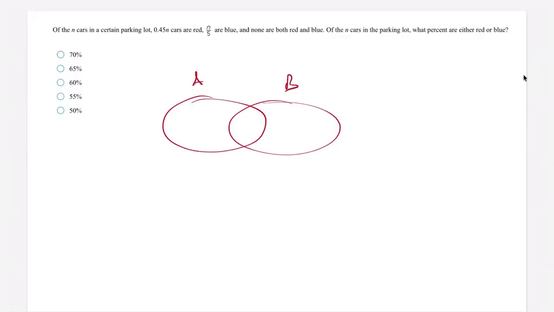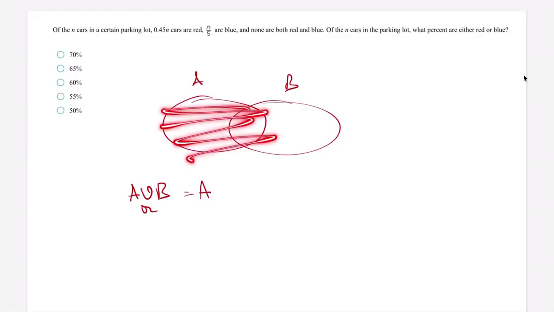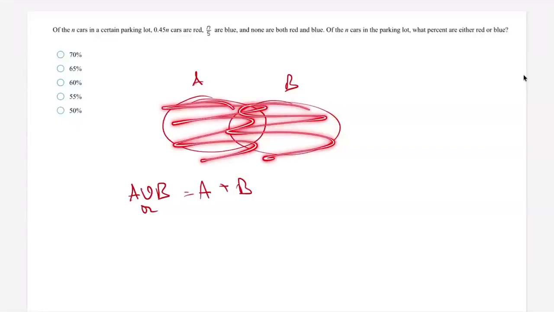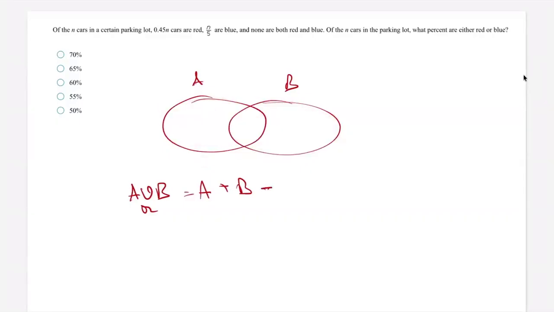A and B. A union with B, that is A or B, is everything that you have in A plus everything that you have in B. But look, if you do this, A plus B, you are counting the intersection 2 times. So you need to exclude the intersection 1 time. This you see in your e-learning.